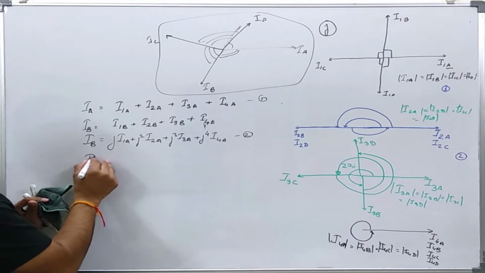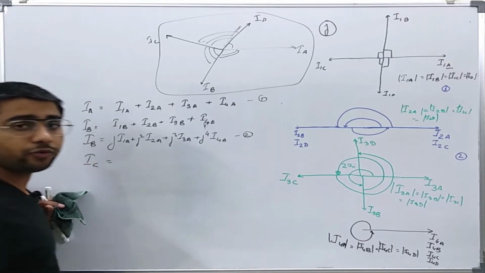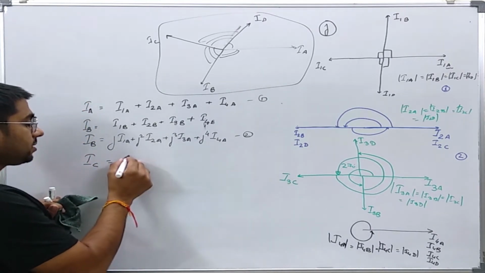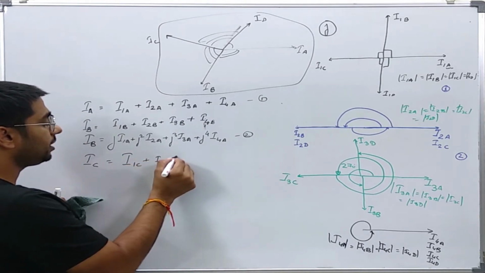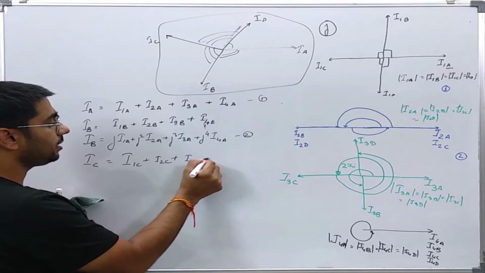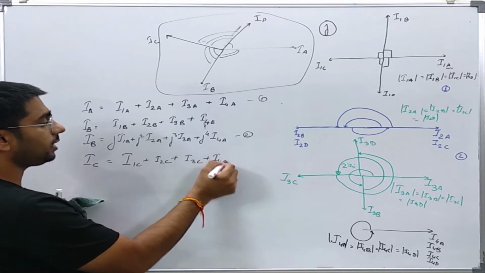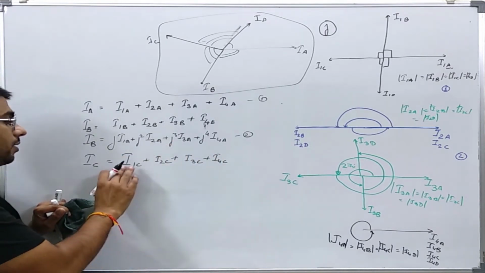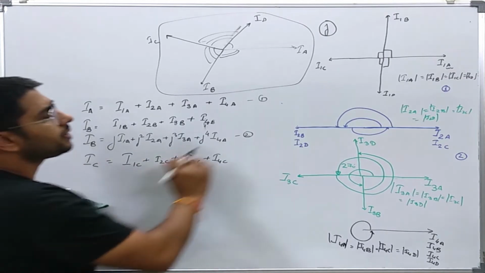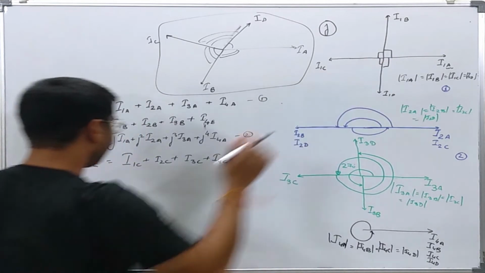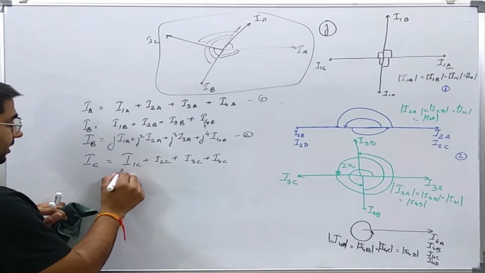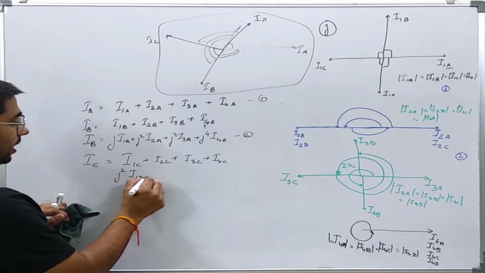Similarly, for IC, it can be broken into 4 components: I1C, I2C, I3C, and the fourth set for phase C. Now I1C is nothing but J square times I1A.